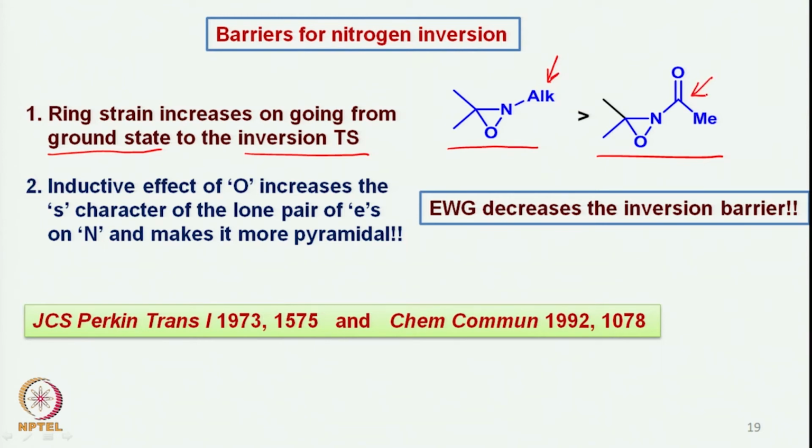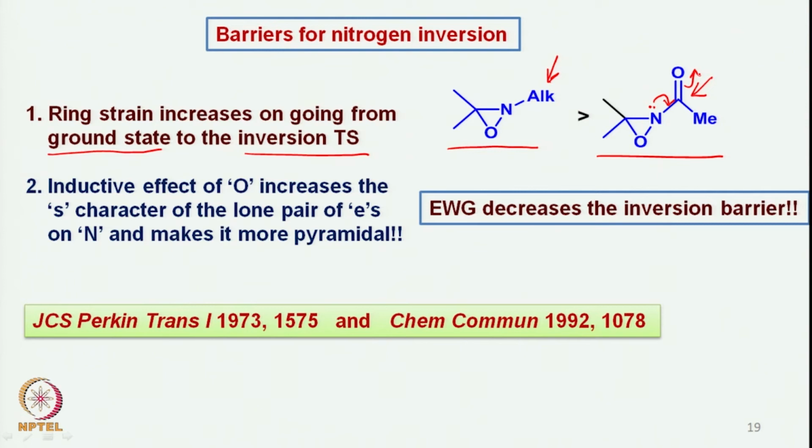So, the inversion barrier decreases with electron withdrawing groups, because the lone pair of electrons on the nitrogen would now be in conjugation with this. Therefore, there is an easy possibility of inversion of configuration at the nitrogen.